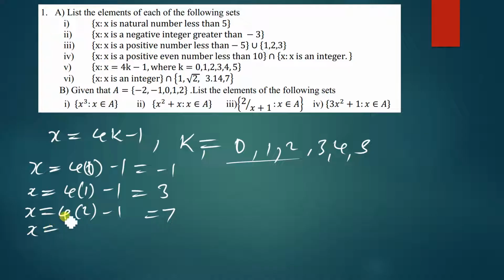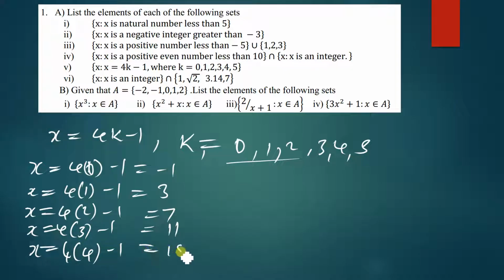When k is 3, 4 times 3, that's 12 minus 1, we have 11. When k is 4, 4 times 4, so 16 minus 1, that's 15. And when k is 5, we have 20 minus 1, that's 19.